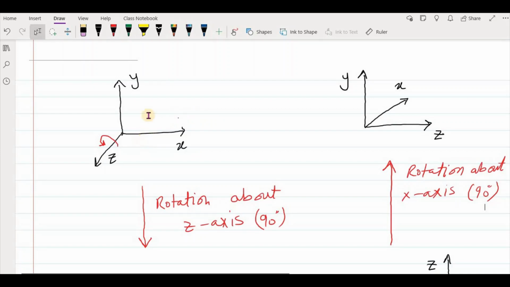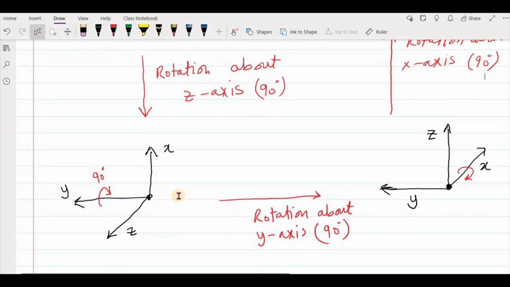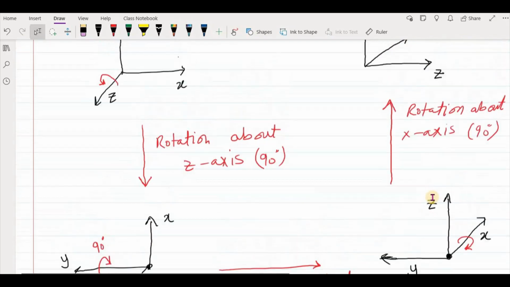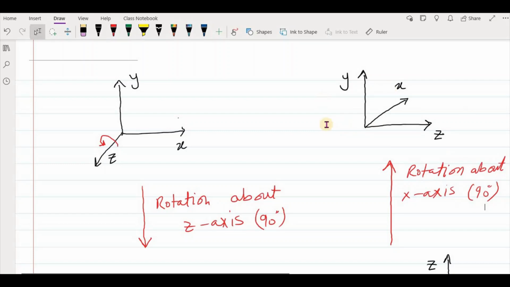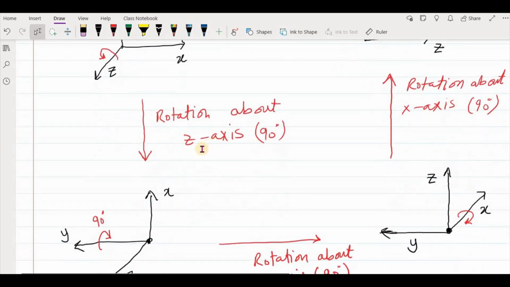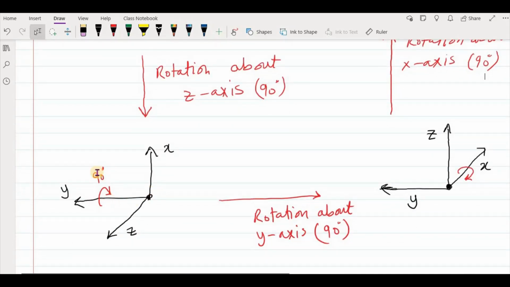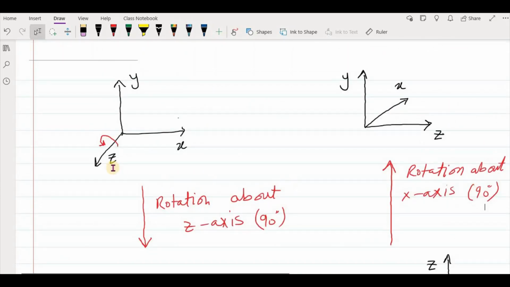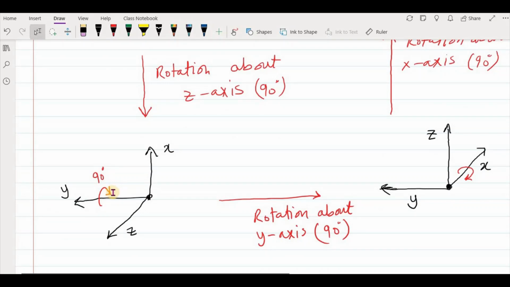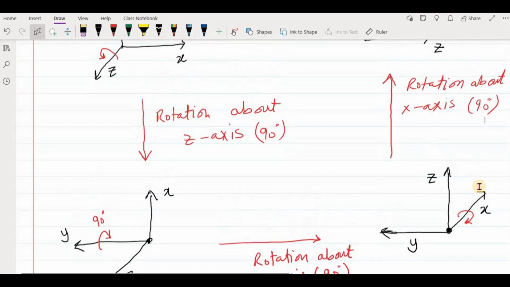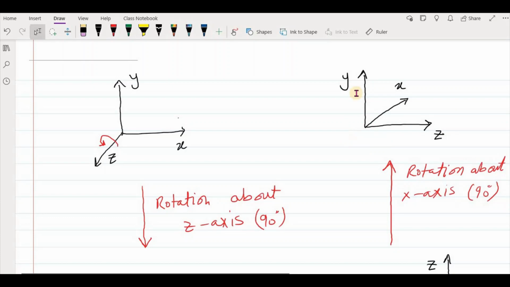That's how we can start with any configuration, and using multiple rotations we can achieve the final orientation of our reference frame. So in this case we first rotate about the z-axis by 90 degrees, then the y-axis, and then the x-axis. And then finally we have achieved our desired orientation of the frame.